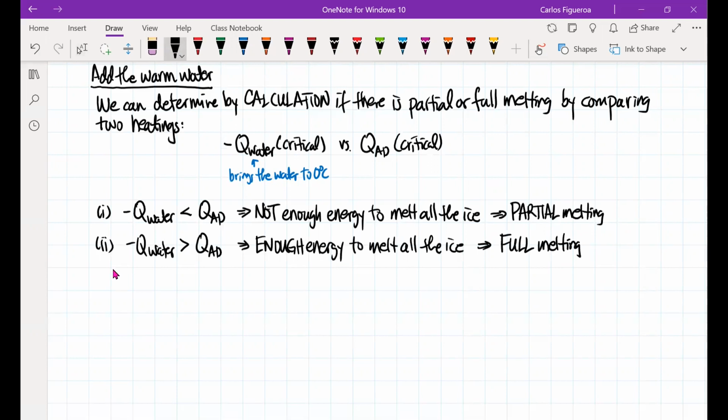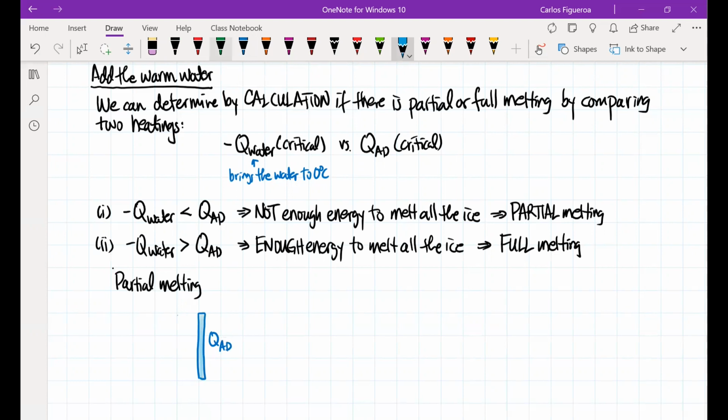So if I have partial melting, it's all about the bar diagram. You could imagine that this here is the heat required to melt all of the ice.